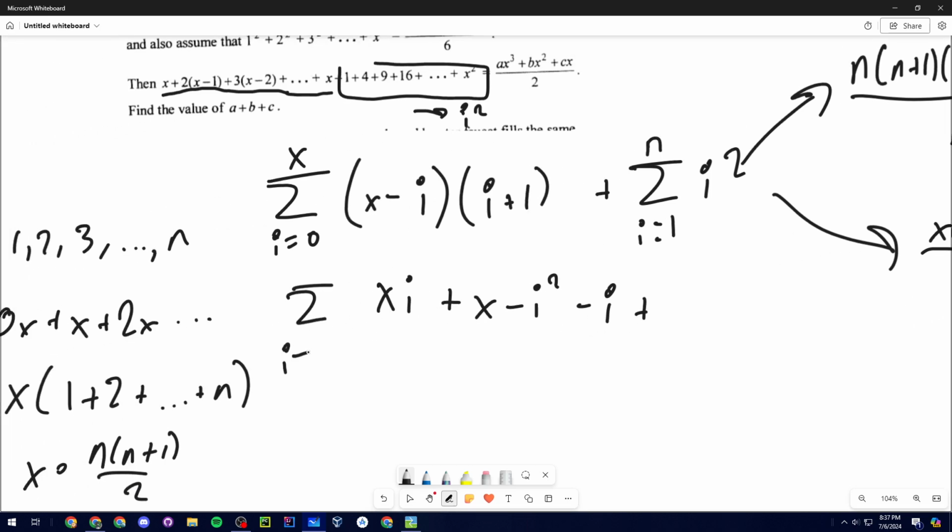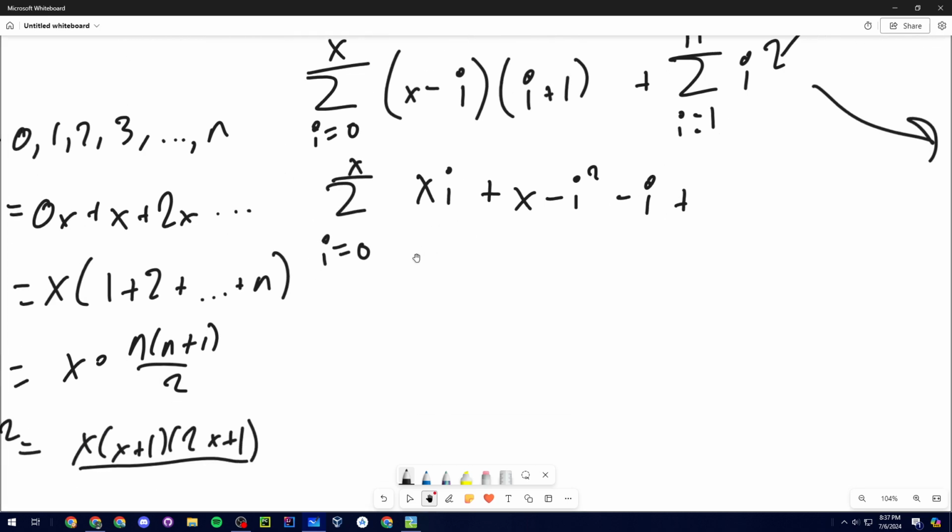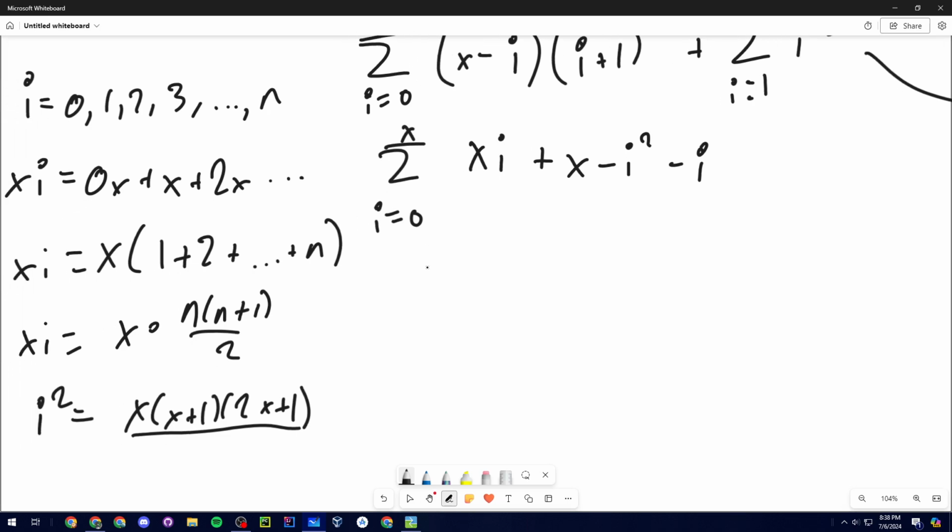So now we have to evaluate the sum, right? This sum can just be broken into different sums. I'm going to erase this plus. Okay, so this sum just turned into the sum of x's. So that's just x times x plus 1 over 2 plus x.